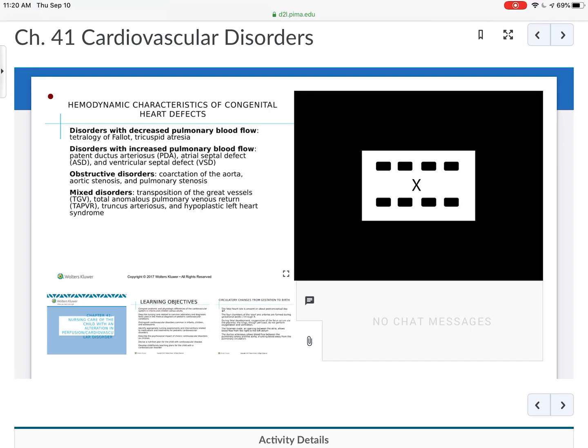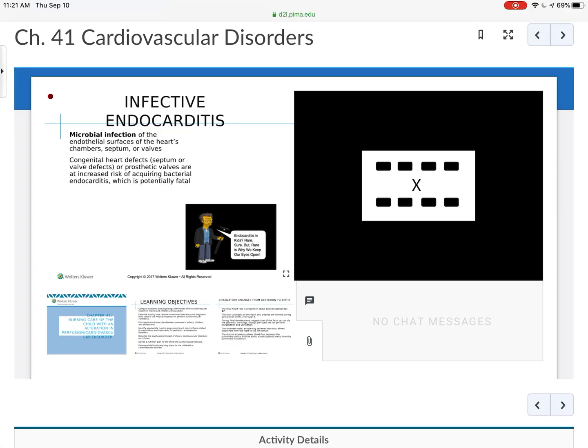The other mixed disorders we don't see too often, so I'm not going to go into those. Hearing about this, when a child has a congenital heart problem from a defect, we might be aware of where they occur in the body, in the heart.